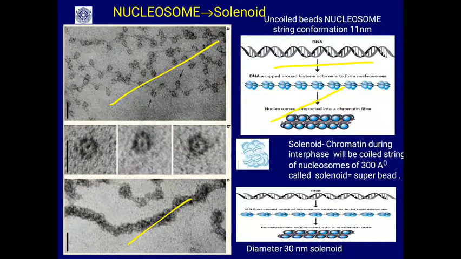It is further coiled, giving rise to the solenoid. Chromatin during interphase will be a coiled string of nucleosomes of 300 angstroms, called the solenoid, or super bead structure.